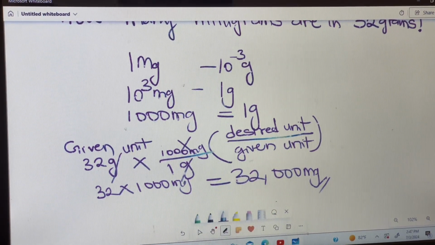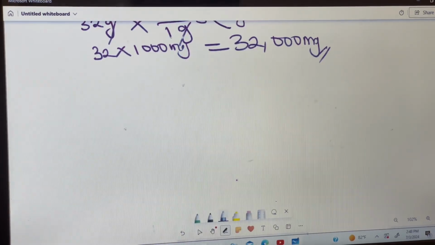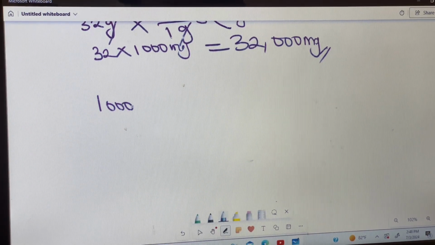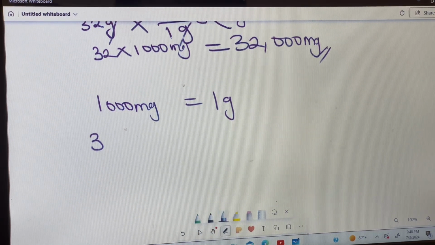That's our answer. Assuming we are asked to convert 32,000 milligrams to grams, we already know that 1000 milligrams is equal to 1 gram. Now our given unit is 32,000 milligrams.